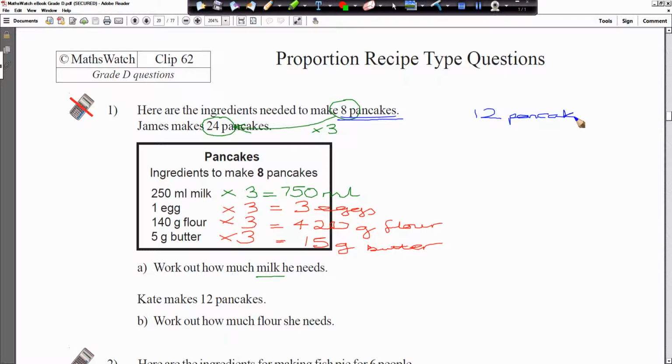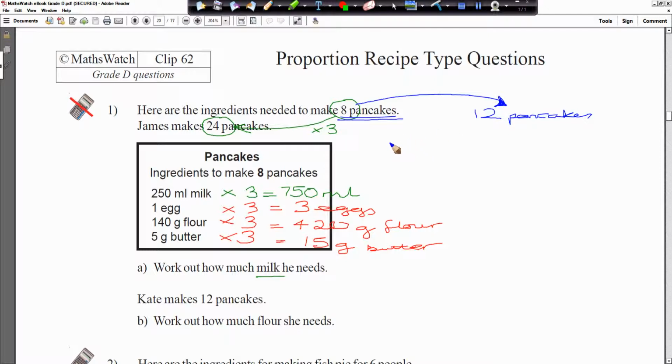We could simply halve the ingredients of the previous answer, because we know 12 is half of 24, but we're going to assume we haven't worked out the 24 answer first. So this is the first question you've been given. How do we get from 8 pancakes to 12 pancakes? Either you know what the multiplier is, which is a decimal or a fraction, or you make a way to it.